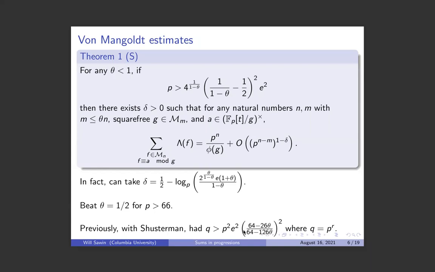It's a lesser range, and it only works for theta up to just a little bit greater than 1/2, or else this will blow up. But it did have one advantage: while we didn't write that proof in the non-square free setting, the proof could be generalized to the non-square free setting, whereas this proof I still don't know how to generalize to the non-square free setting.